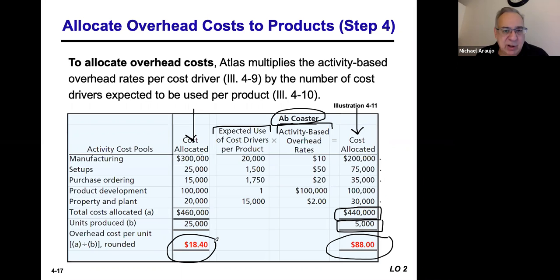They were $10 off difference. In reality, it costs this manufacturer a lot more money per unit for an ab coaster. $88 for every ab coaster they build. $18.40 for every bench that they build. Big differences. Big differences.